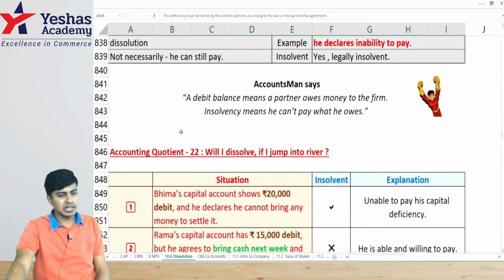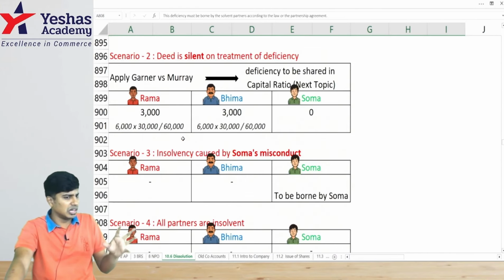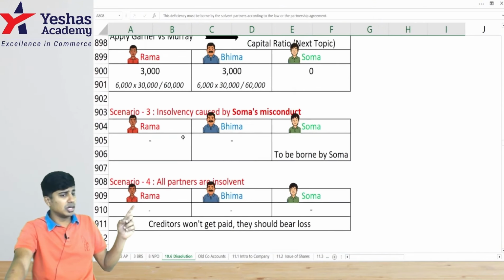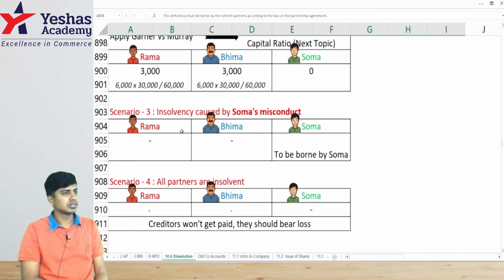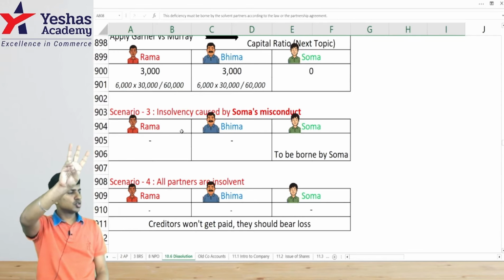We discussed this part. Then we went on to discuss when is he insolvent, when is he not insolvent, how to deal with deficiency and everything. Then one important point I told, if insolvency has happened because of his own misconduct, other partners will not bear your loss. Rama, Bhima, Soma are partners. Soma became insolvent. Soma's insolvency is borne by Rama and Bhima.